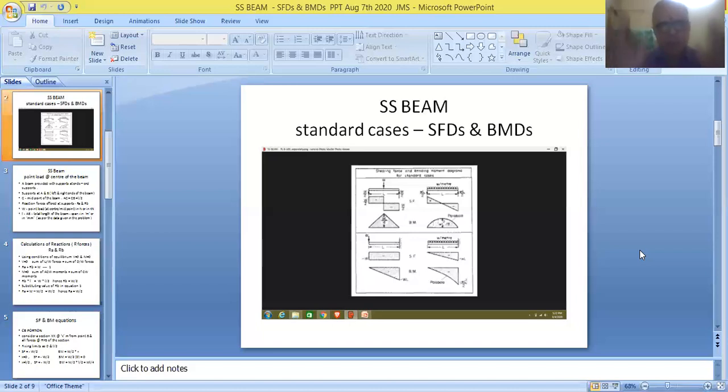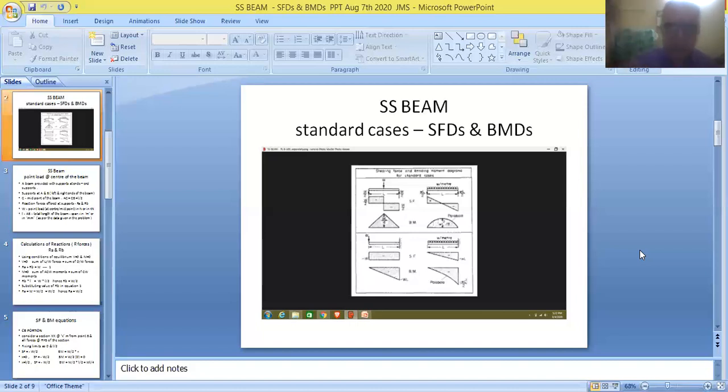Similarly, friends, as far as bending moment values are concerned, we got the first value of bending moment as 0. The last value is also 0. And at L by 2, at the midpoint of the beam, it is obtained as WL square by 8. So this distance is marked as WL square by 8. It's a positive value.